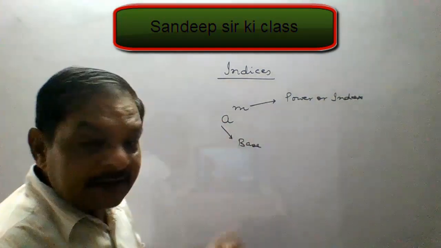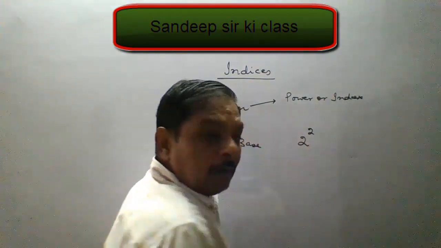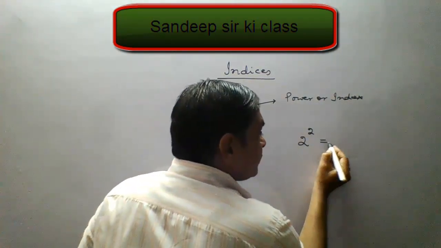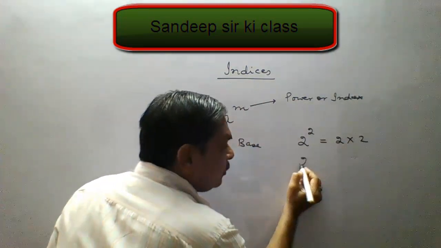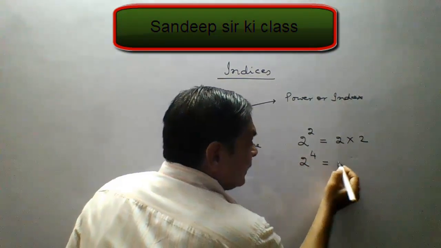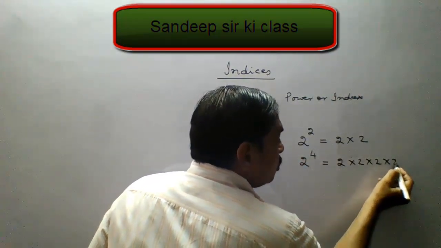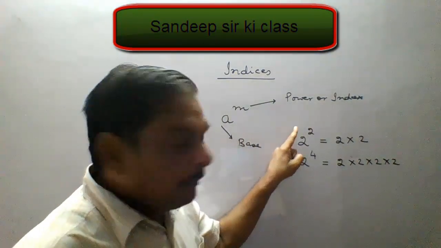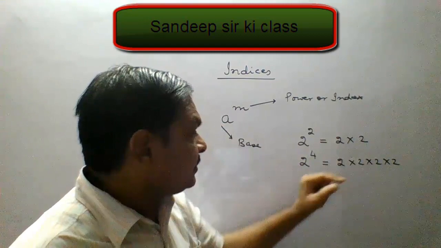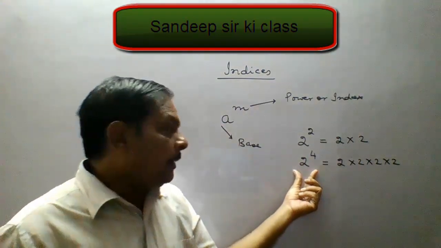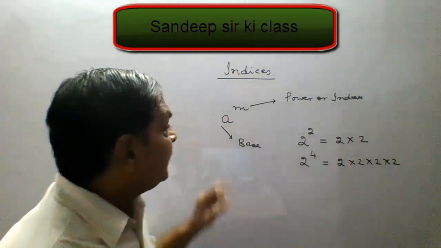See, we have seen that when we write 2 raised to the power 2, that means 2 into 2. Similarly, when we write 2 raised to the power 4, that means 2 into 2 into 2 into 2. In 2 raised to the power 2, it is multiplication of 2 two times. And when we write 2 raised to the power 4, it is multiplication of 2 four times.